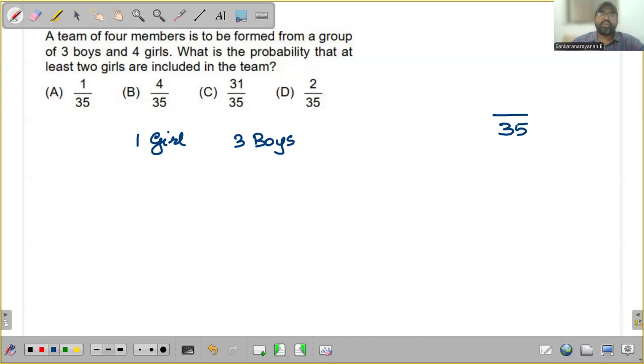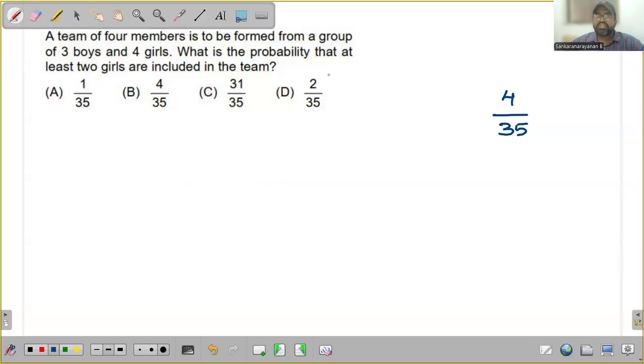The number of ways you can select exactly one girl is 4C1. Only three boys are there, all are selected, so that is one. So the number of ways is equal to four. So 4 by 35 will give you the probability that exactly one girl is selected.